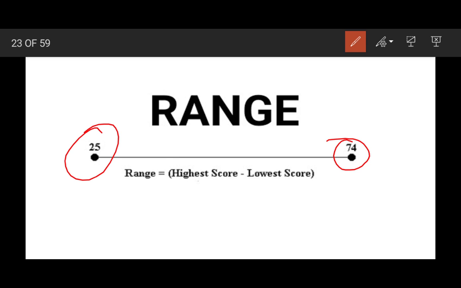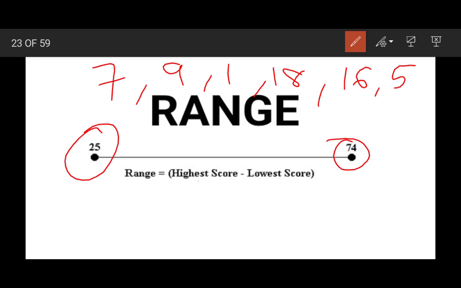Suppose the data is 7, 9, 1, 18, 16, 5, 20, 9, 7. I am interested in finding the range, the spread of data. My data is spread over which number to which number.